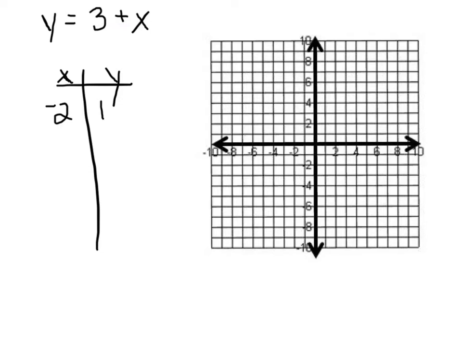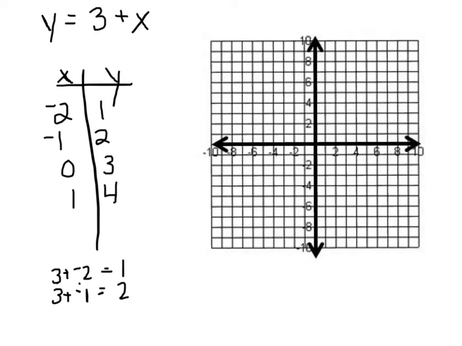I can use my scratch work down here. 3 plus a -2. I've got 3 positive plus 2 negative, leaving me with 1 positive at the end. If I let x equals -1, 3 plus a -1 will give me a +2. If x equals 0, 3 plus 0 is 3. If x equals 1, 3 plus 1 is 4. If x equals 2, 3 plus 2 is 5. So on and so forth.